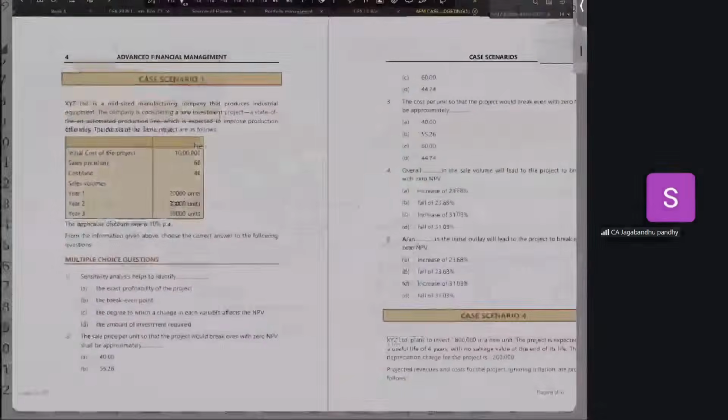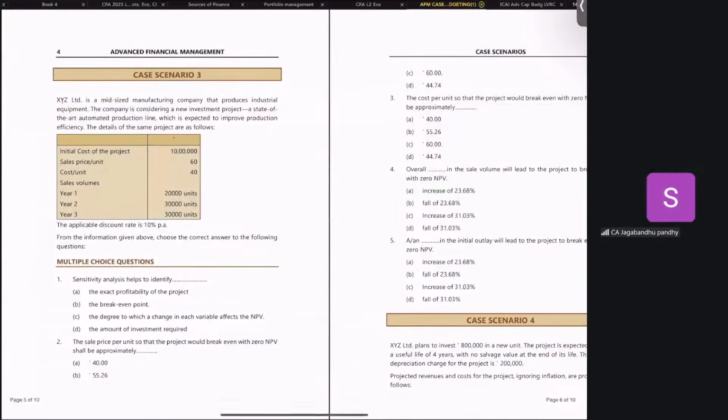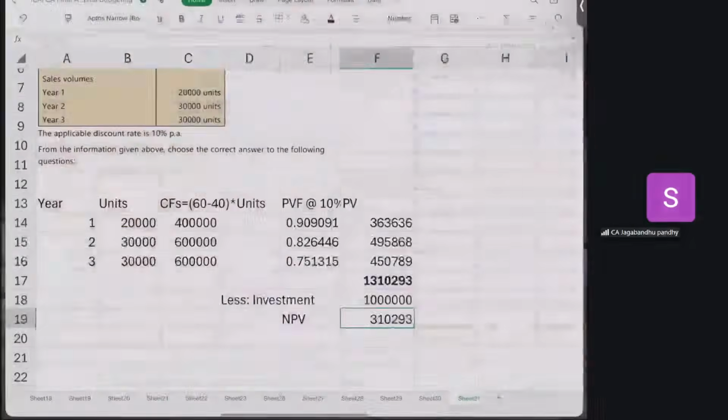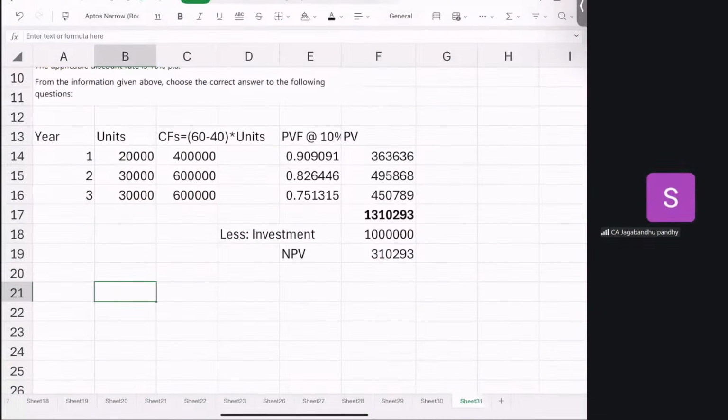For identifying the numbers, we want to know what should be the sale price so that the project would have a break-even point as NPV of 0.